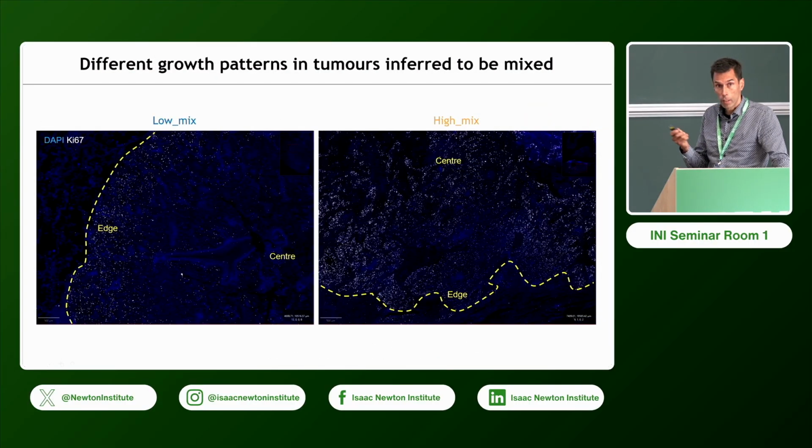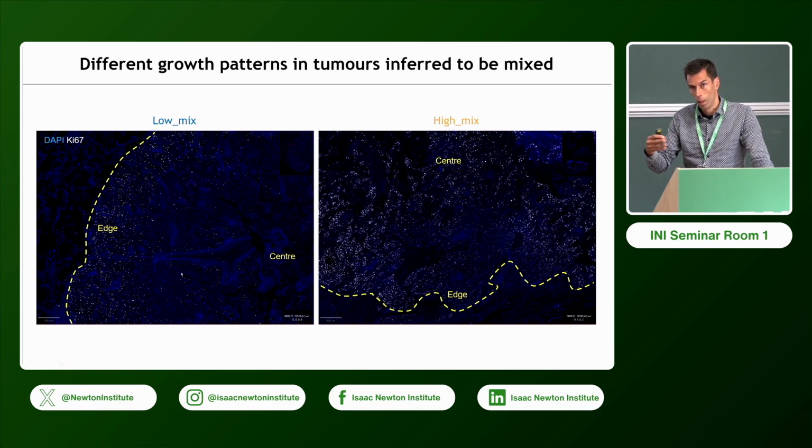This is just to show you in terms of growth patterns, which I introduced earlier, that one of the tumours that was inferred to be low mixed does indeed have this growth around the outside, whereas a high mixed one has much more growth in the centre, providing support for our model and our ideas as to how growth patterns and migration and subclonal competition might be interlinked.